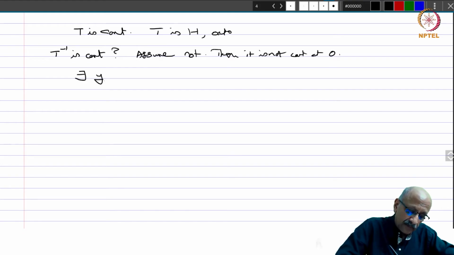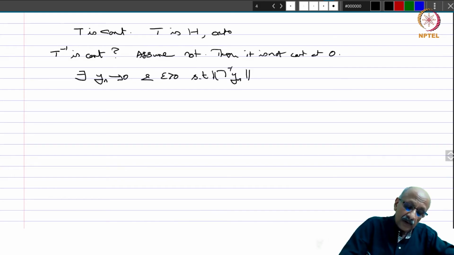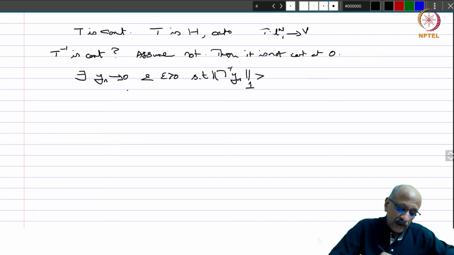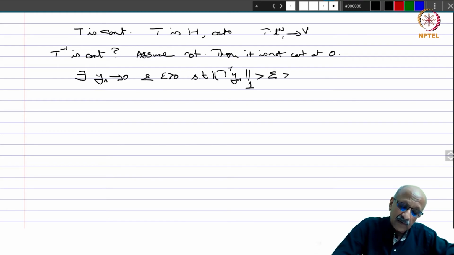There exists a yn converging to 0 and an epsilon positive such that the norm of T inverse of yn is bigger than epsilon, because T is from Ln1 into V. So there exists a yn which goes to 0, and norm 1 of T inverse yn is bigger than epsilon, which is bigger than 0. This is the contrapositive statement of the fact that it is not continuous at the origin.